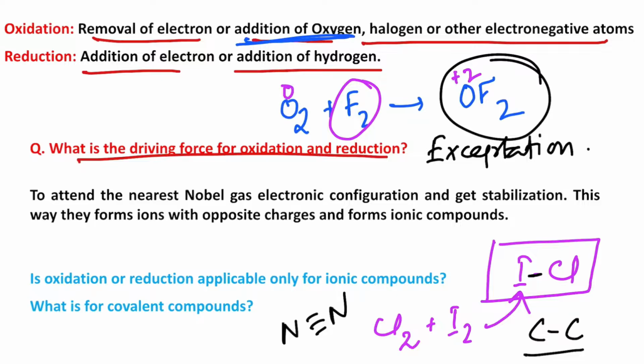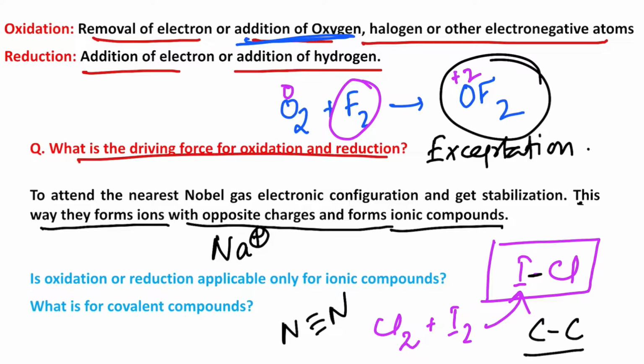So in the tendency to get stabilization, mainly octet fill up, such that they get more stability, and this way they form ions with opposite charges and form ionic compound. For example, sodium plus having 8 electrons in its outermost valence shell, and chloride minus having 8 electrons in its outermost valence shell. Consequently, they are stable, they combine and produce sodium chloride, which is an ionic compound.